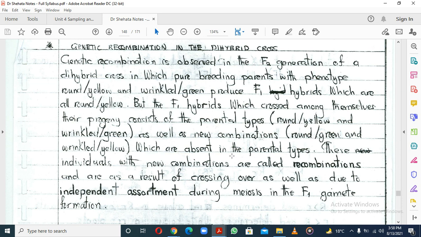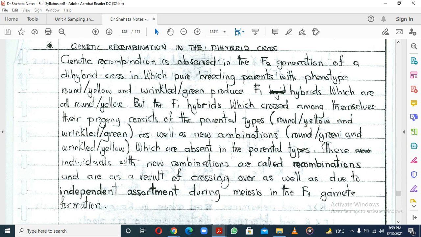Then we had the first filial generation, the F1 hybrids, and these were all round and yellow, but heterozygous for both genes. Now, when the F1 hybrids are crossed among themselves, we get certain interesting combinations.